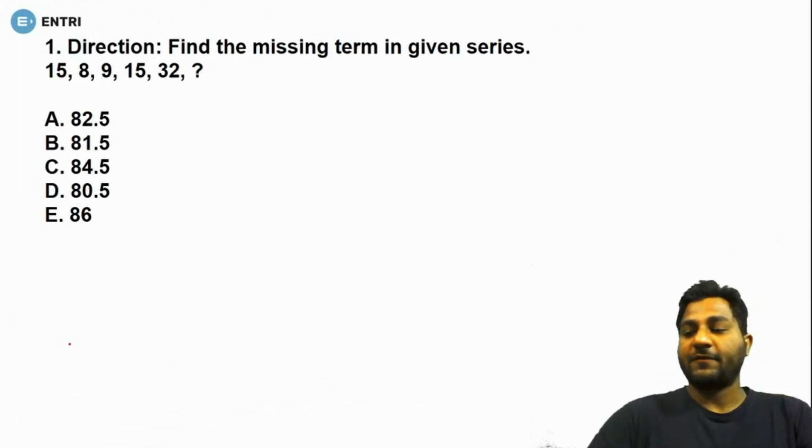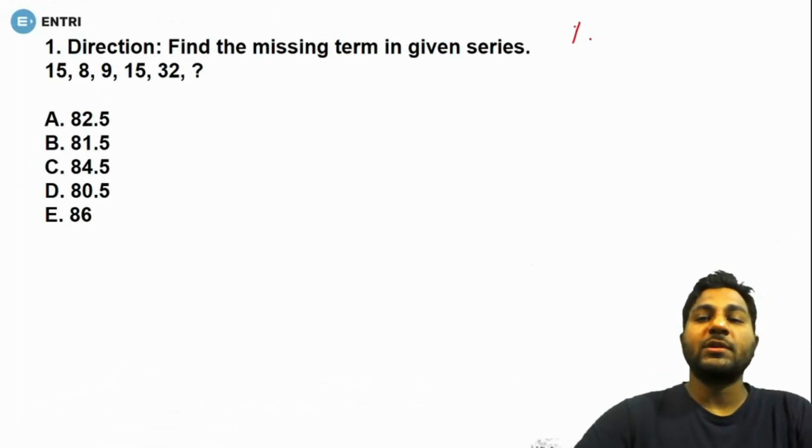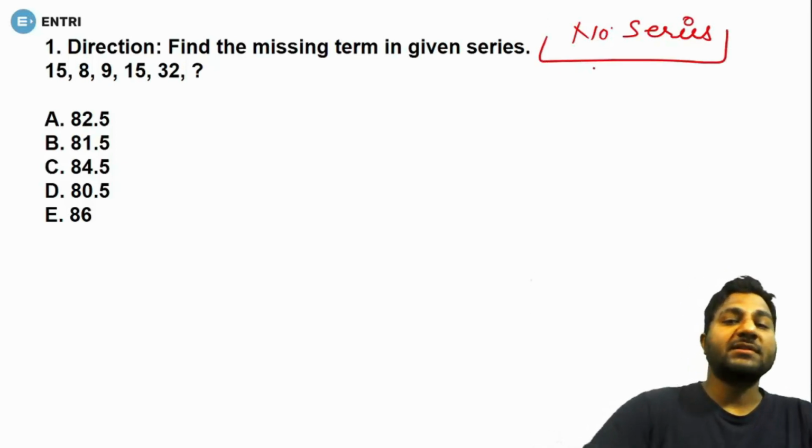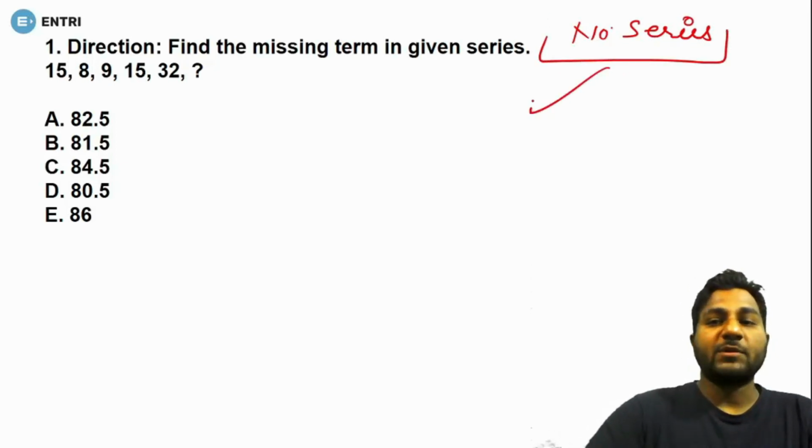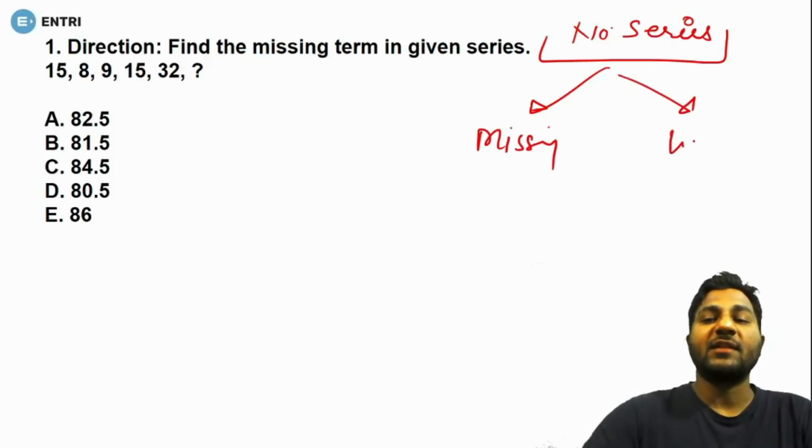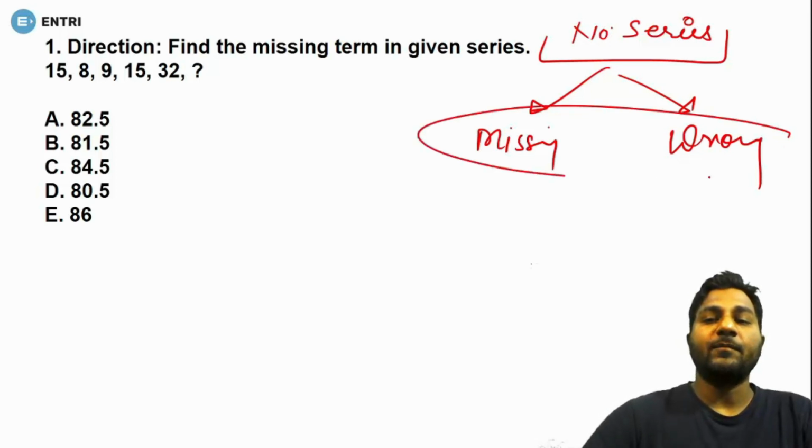Here comes the first question, and it belongs to number series. You know that number series questions are of two types: one is the missing number series and the second is the wrong number series.